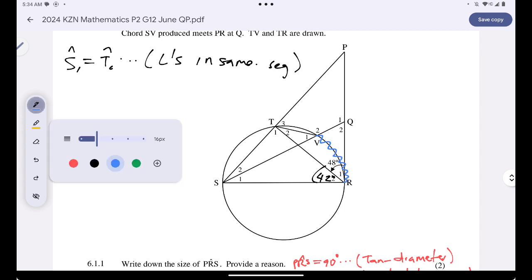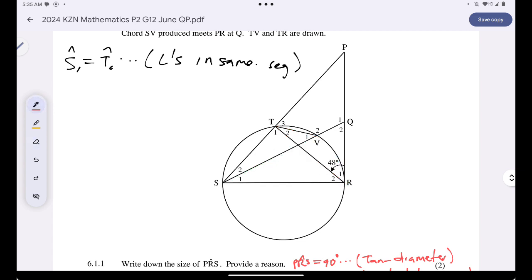Arc SR subtends angle S1 at the circumference. The same arc subtends angle T2 at the circumference. Please remember that the arcs will subtend equal angles at the circumference. So these are angles in the same segment.